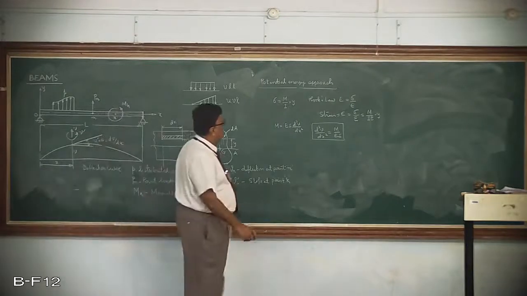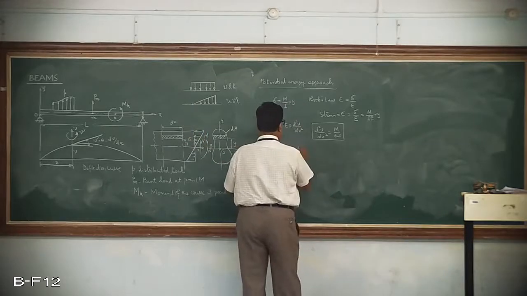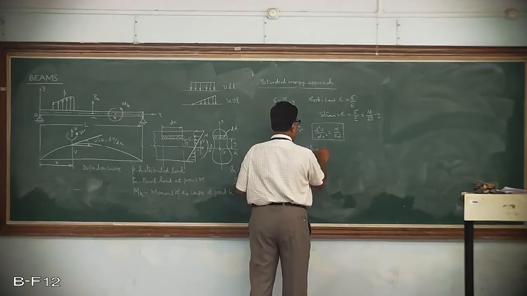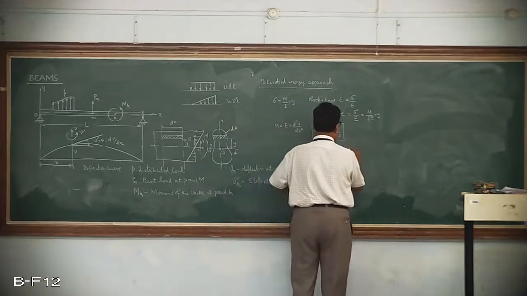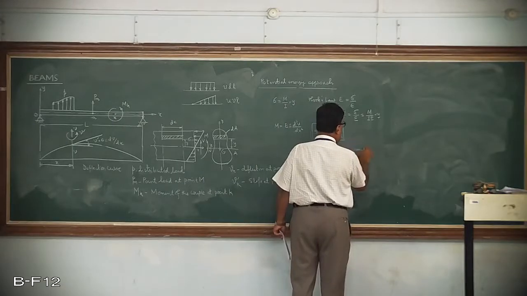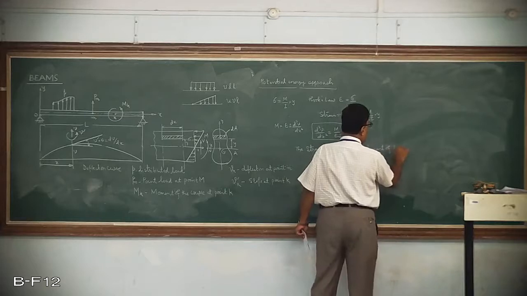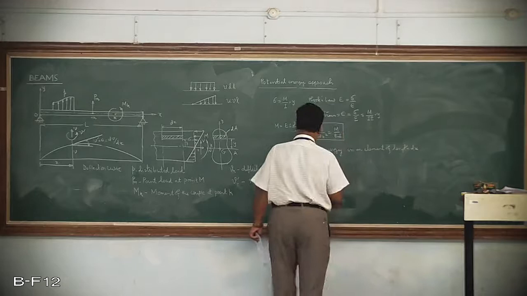Now let us consider the elemental volume shown here. Now let us write the strain energy for this. The strain energy in an element of length dx and area dA. What is this? Tell me.